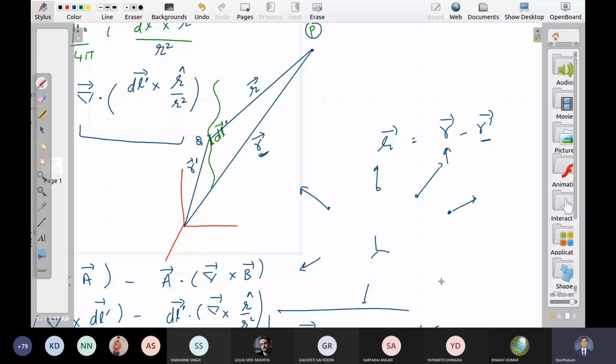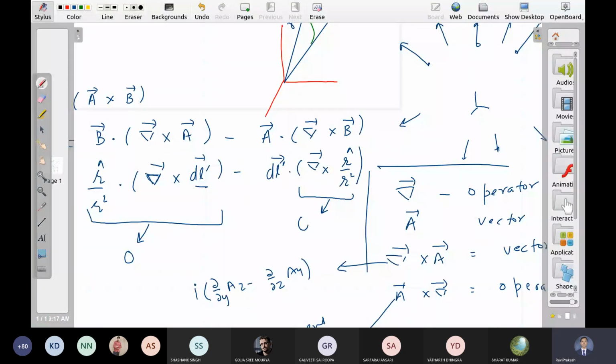Is there any curl, and if you put any fan in this field, will it rotate? It is just like something going out from one point. So obviously either you do the calculation or you do this geometrical interpretation, in both senses this term is 0.